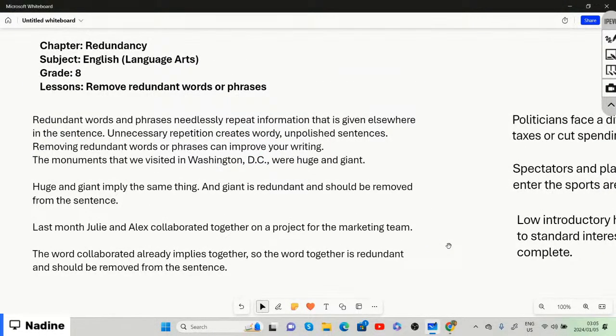So our chapter today is redundancy. The subject is English, which is language arts, grade 8. And the lesson we're going to be focusing on is to remove redundant words or phrases.